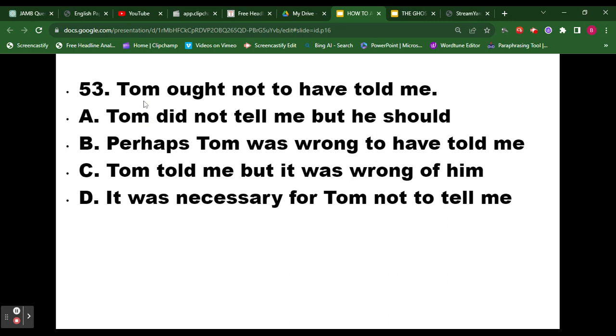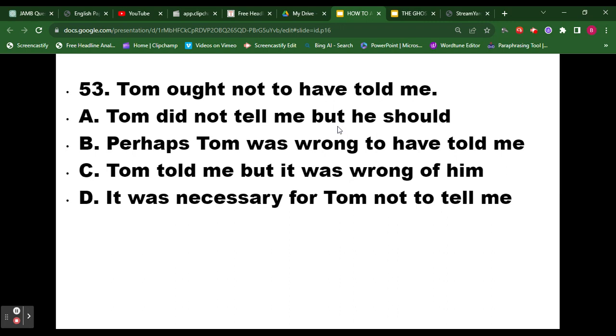Again, we look at the sentence. Tom ought not to have told me. That means Tom should not have told me. It was wrong for Tom to have told me. All right. Now, when you get the basic meaning of the sentence, then you look at the options one by one. A, Tom did not tell me, but he should.